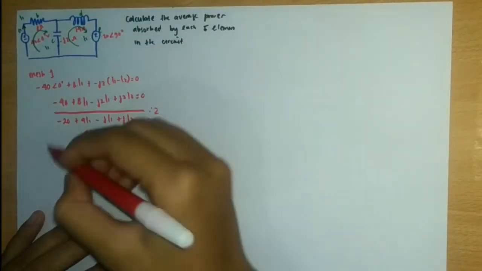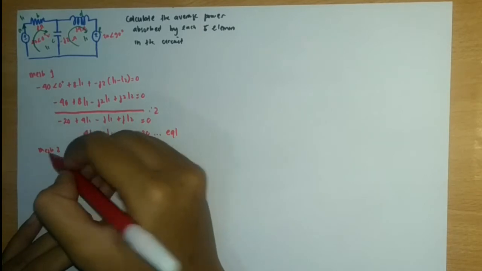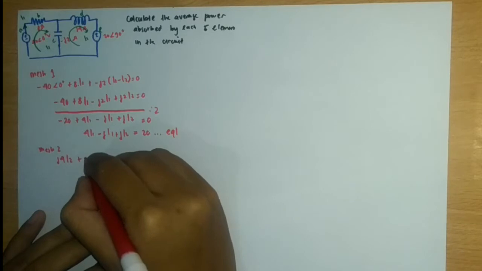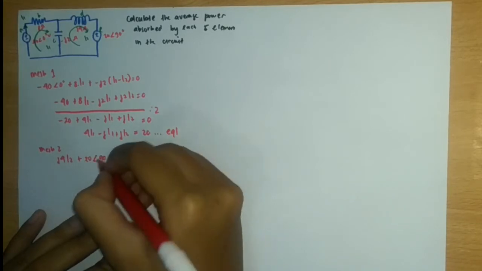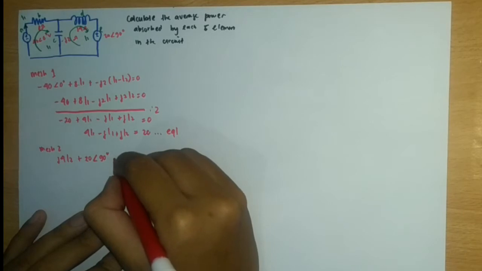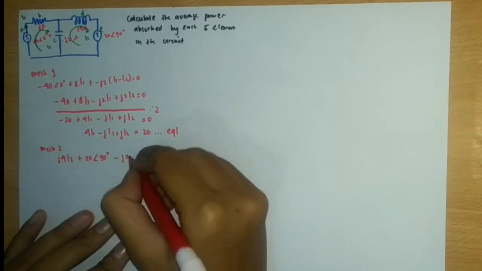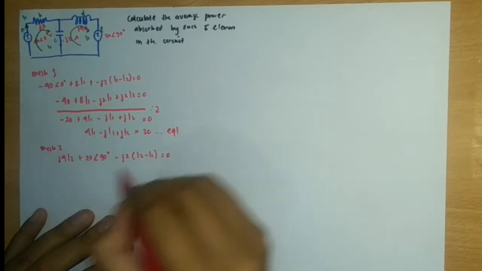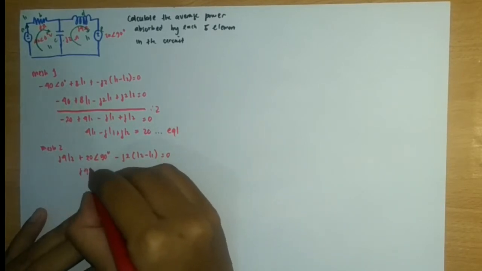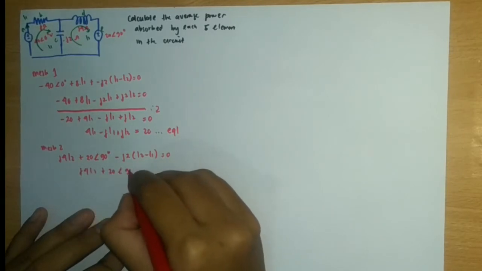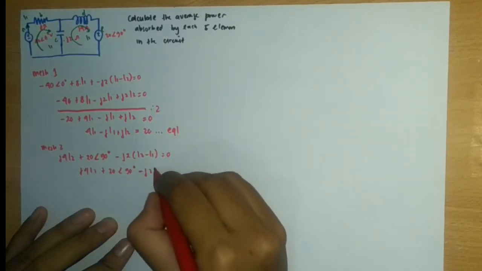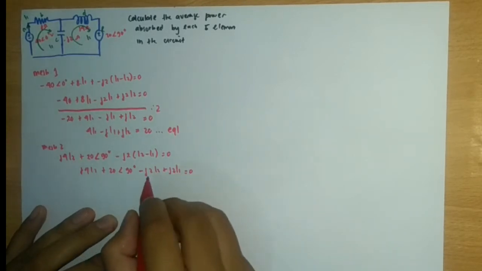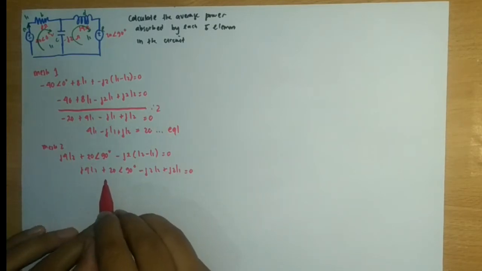Now we go to mesh 2. Mesh 2 is j4 I2 plus 20 at 90 degree phase angle minus j2 multiplied with (I2 minus I1) is equal to 0. So we got j4 I2 plus 20 at 90 degree phase angle minus j2 I2 plus j2 I1 is equal to 0.